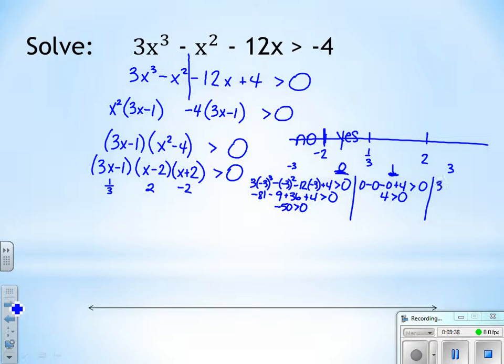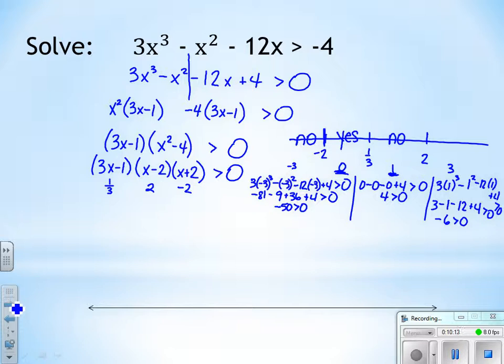So I have 3 times 1 cubed minus 1 squared minus 12 times 1 plus 4 is greater than 0. So 3 times 1 cubed is 3 minus 1 squared minus 12 plus 4 greater than 0. Okay, simplifying that, I'm going to get negative 6 is greater than 0. Negative numbers are not bigger than 0. No solutions in between those two.